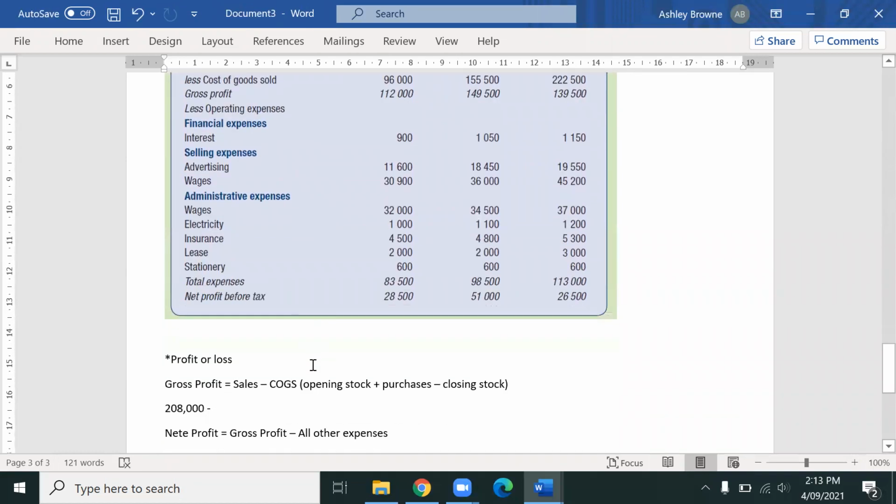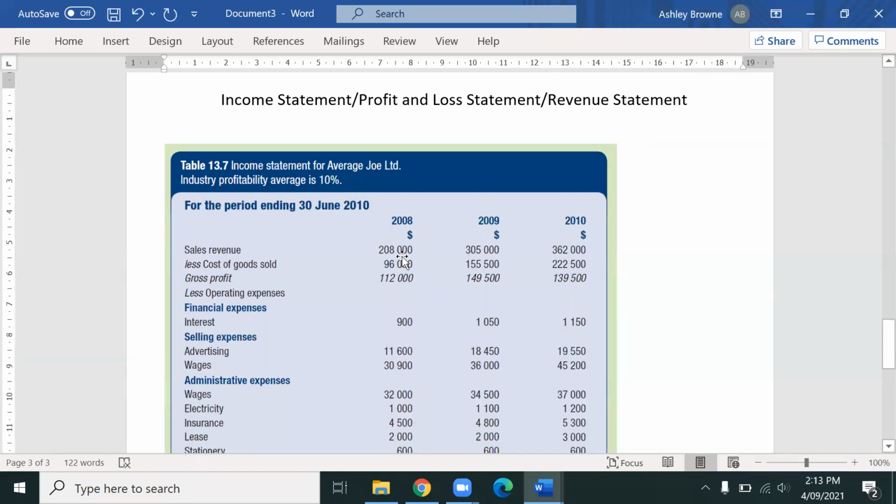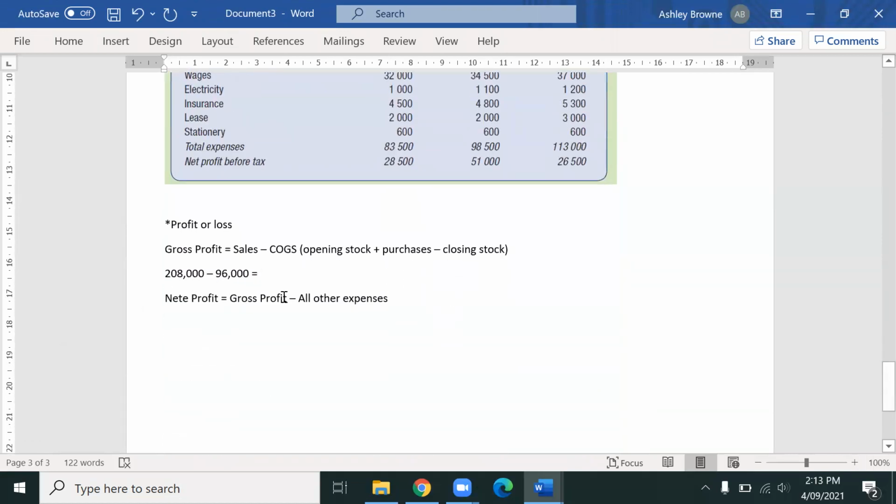It is 96,000. So gross profit in this instance for the 2008 year is the sales minus the COGS. That's 112,000. That minus that. Okay. All right.